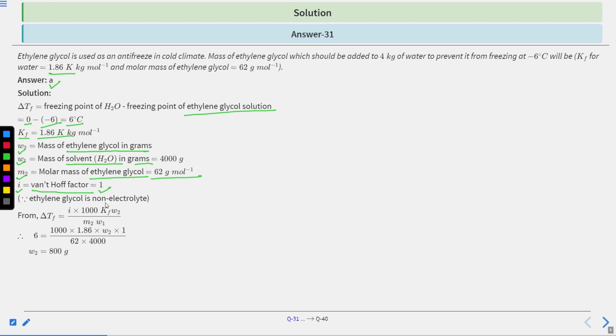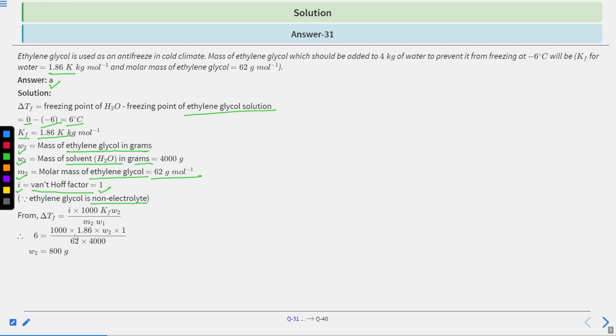Since ethylene glycol is a non-electrolyte, from the ΔTf formula we have ΔTf equals i into Kf into molality. The molality is W2 upon M2 into W1, and W1 is the weight of solvent in kg. So we divide by 1000, and 1000 comes in the numerator.